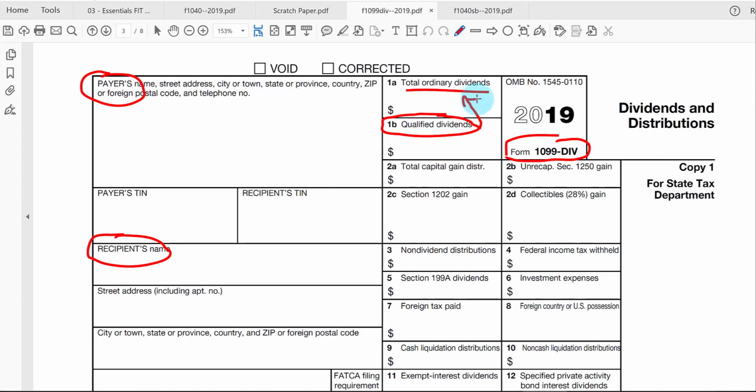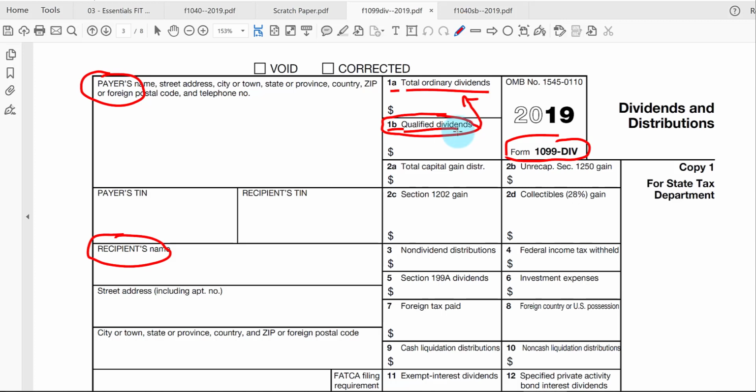It depends upon the type of income received by the corporation, but most times the number you see here in box 1A would be the same as 1B. Now, the main difference is that you get taxed on all these ordinary dividends, but if they also include qualified dividends, that qualified dividends are going to be taxed at a lower rate. We'll see the basic calculation in a minute.